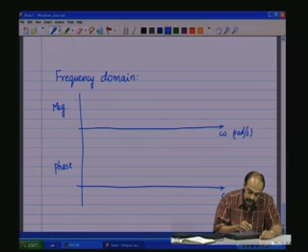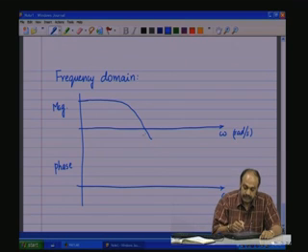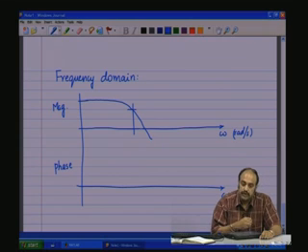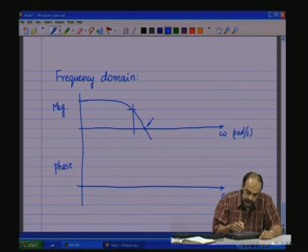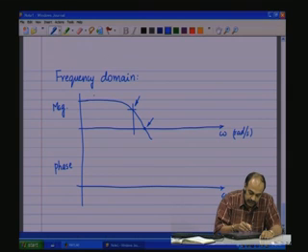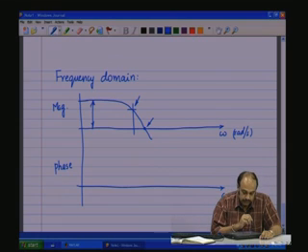Meaning, how does the absolute value of the gain vary with frequency? Is it a low pass filtering effect, and at what frequency will the 3 dB point occur? At what frequency the zero crossover occurs? So, these are important characteristics of the magnitude plot. What will be the gain or the attenuation of a particular circuit at various frequencies?